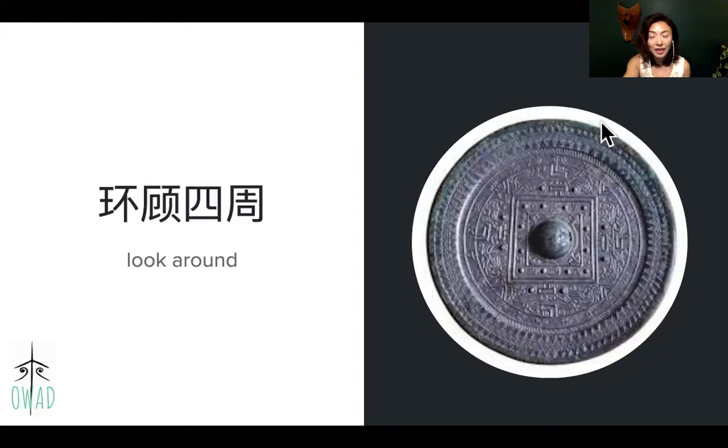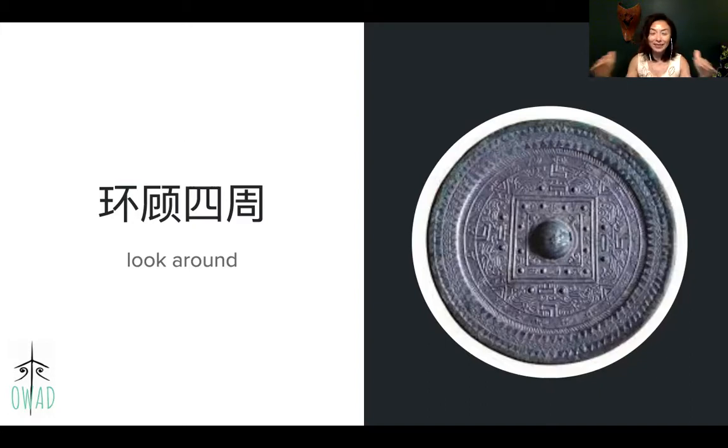Okay, because this reflects the ancient Chinese idea about how the world is shaped. We say the sky is a circle, and the land or the ground is square. I guess that's kind of corresponding to the flat earth theory in the West.